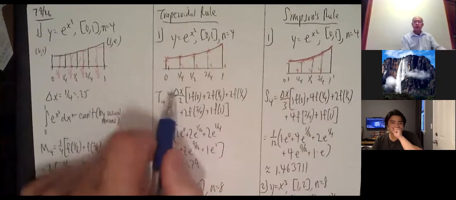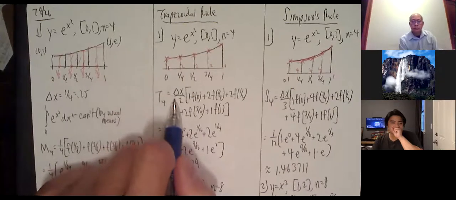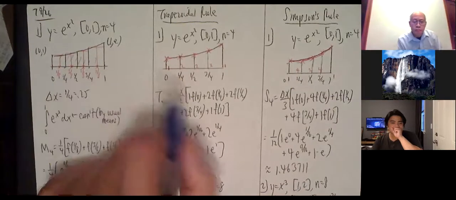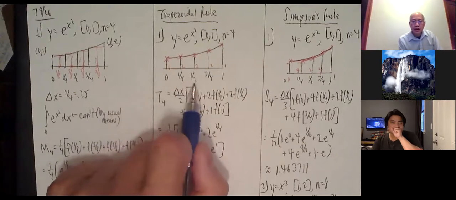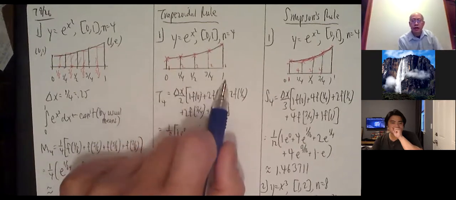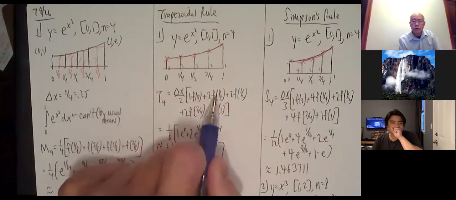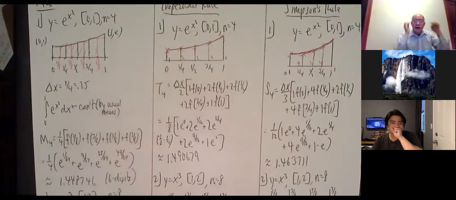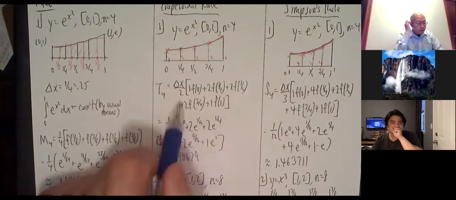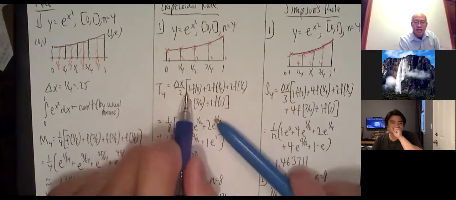Okay, so here's the way it works. Delta x over 2. Don't use the midpoints, just these endpoints: f of 0, f of 1/4, f of 1/2, f of 3/4, and f of 1. And now the multiplication factors. Multiply the first one and the last one by 1.